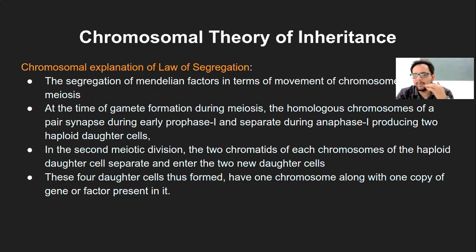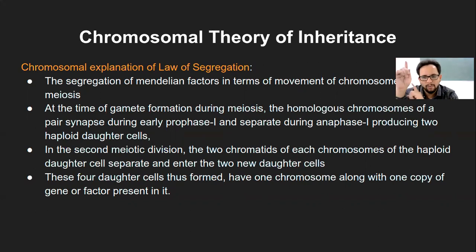The theory was based on Mendel's work. At the time of gamete formation during meiosis, the homologous chromosomes of the pair synapse during early prophase 1. This we already know: the homologous chromosomes come together forming a pair and separate during anaphase 1, producing two haploid daughter cells. This process is meiosis in short. During prophase 1, homologous chromosomes form a pair.